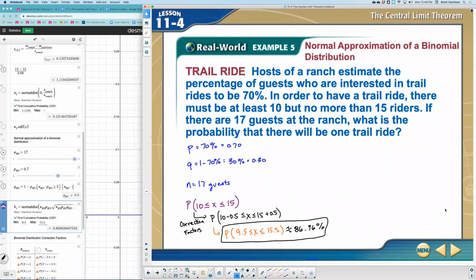Now you might be saying to yourself, oh, Mr. Voorhees, this time you didn't do all that other math. Well, you don't have to using the calculator, but if you wanted to, remember the values you first do is you need to check if n times p, which in this case was 17 times 0.7, is greater than 5.